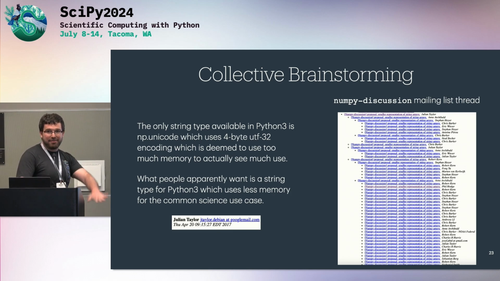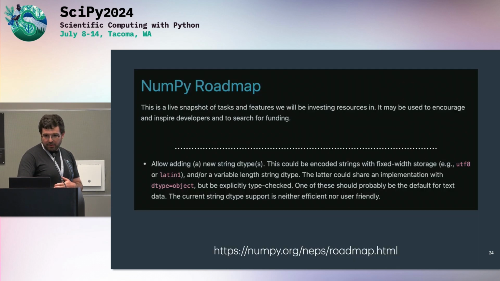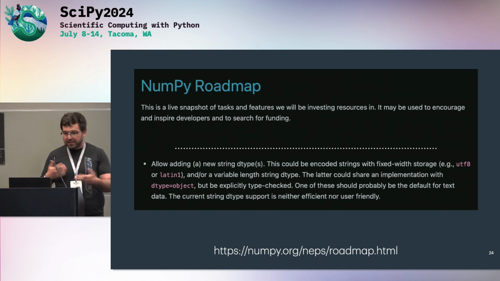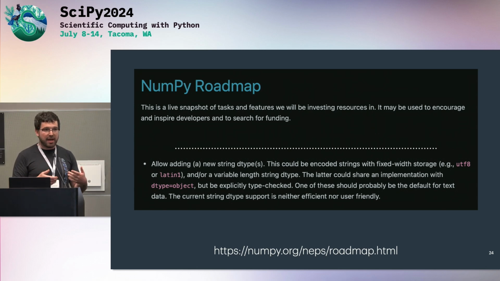There's another screen full of emails, and I read the whole thing. Out of this discussion, we added to the NumPy roadmap that we need a new string dtype, something that works sort of like dtype equals object, and it's type checked. There are also a couple of other things in this paragraph that it said we should add, but one of the things that we wanted was a variable width string dtype with UTF-8 encoding.